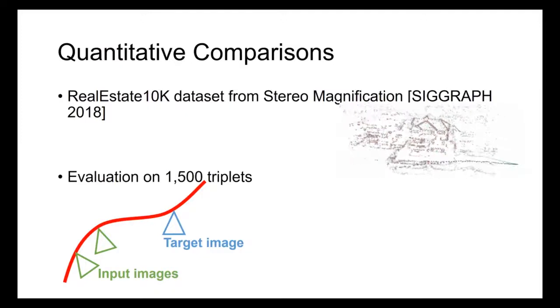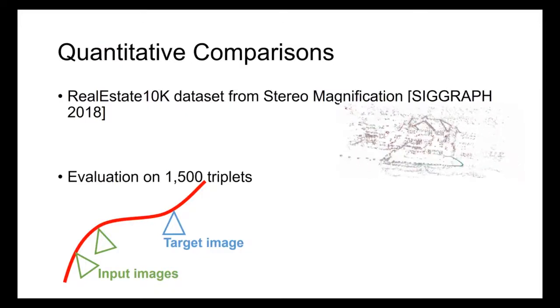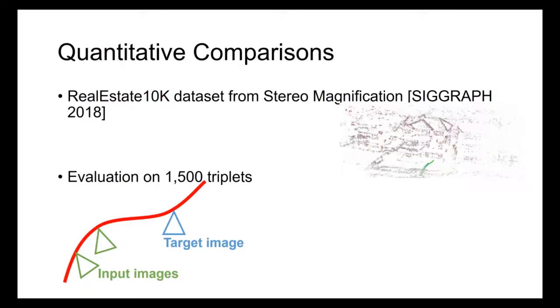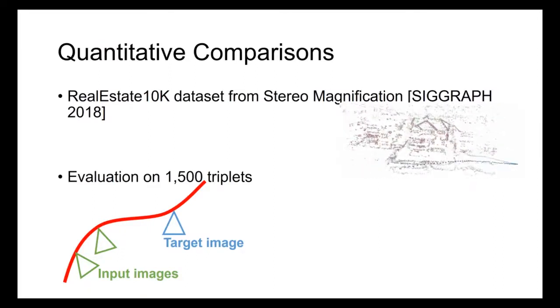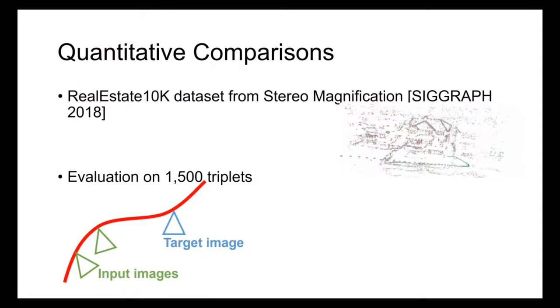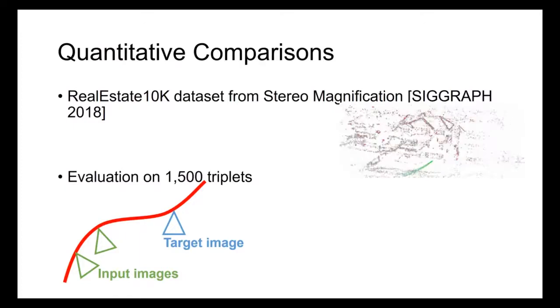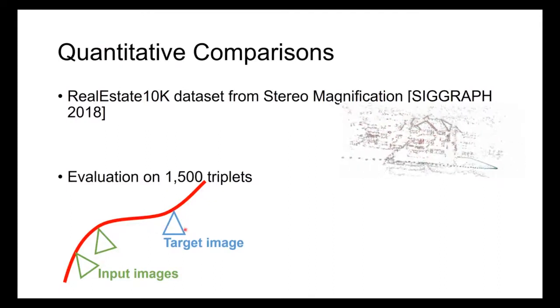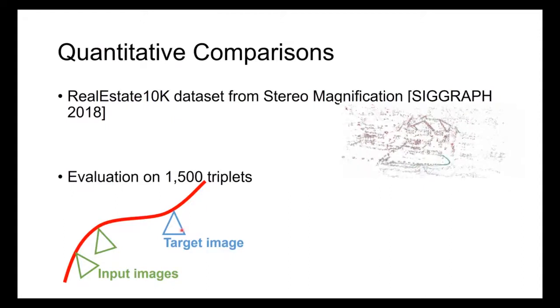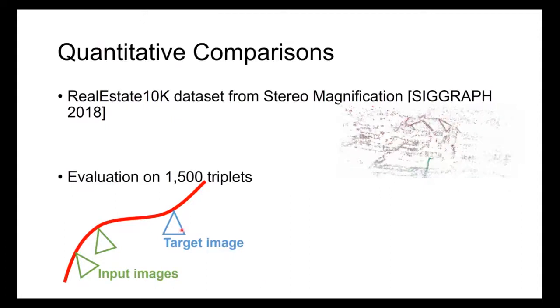We have a video of some footage from the internet of some real estate, and then you can extract the camera trajectory through some structure from motion algorithm because everything is static, and you then sample 2 frames from that trajectory as input, and you ask the method to produce the target view, and at the same time you have the target view ground truth, so you can evaluate this.